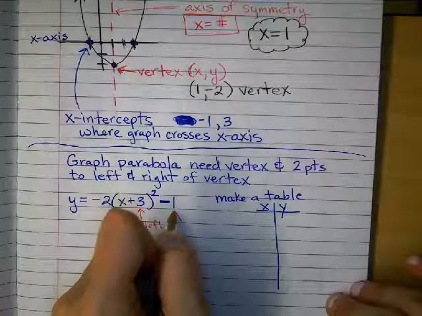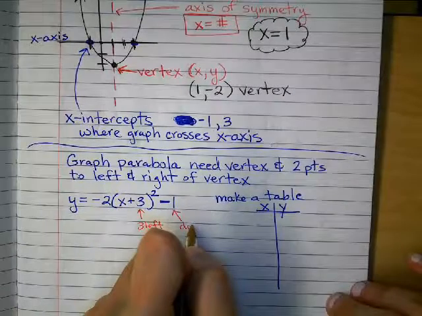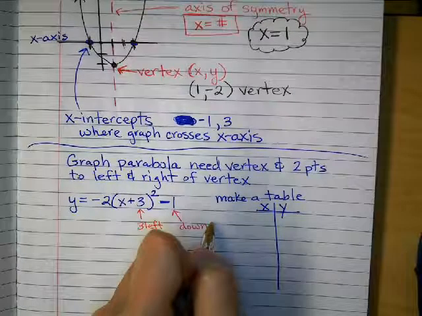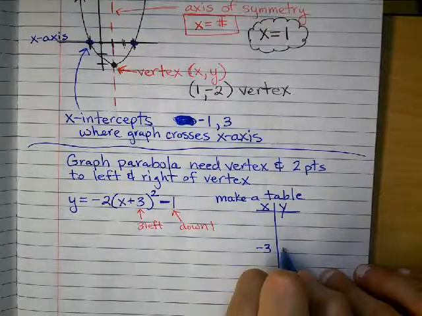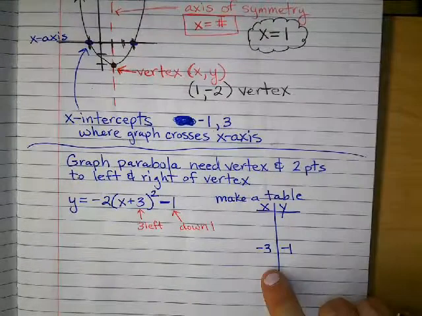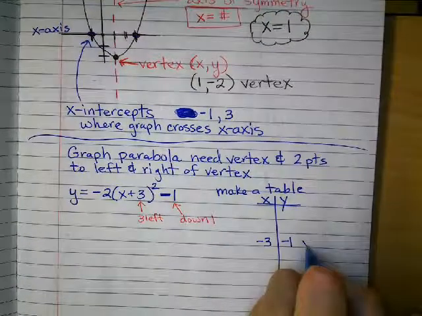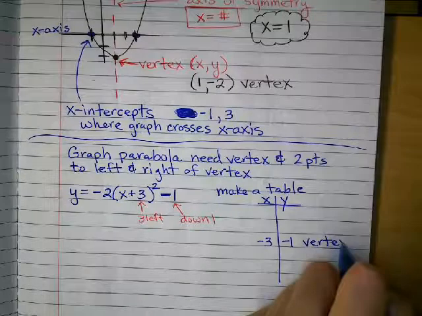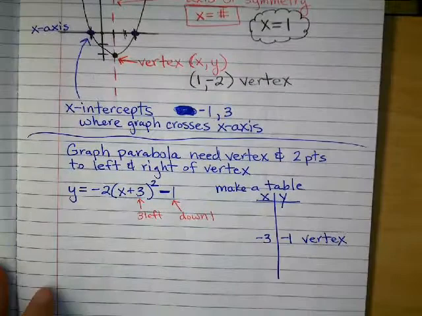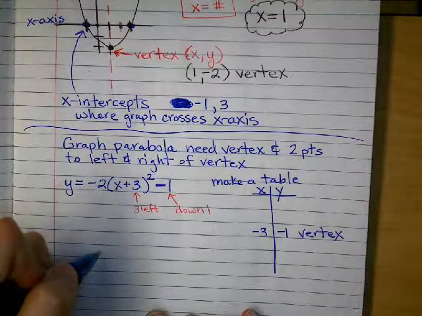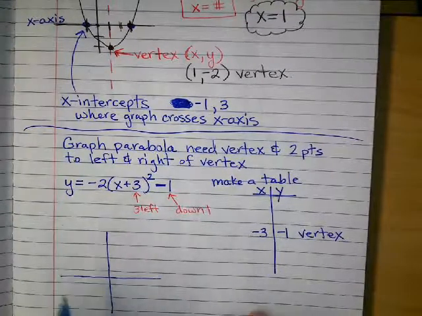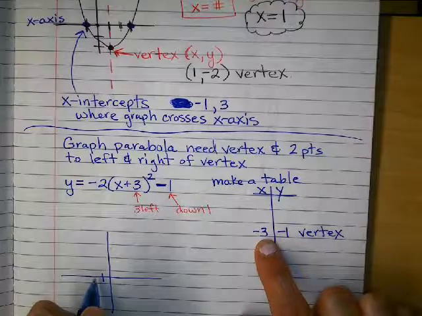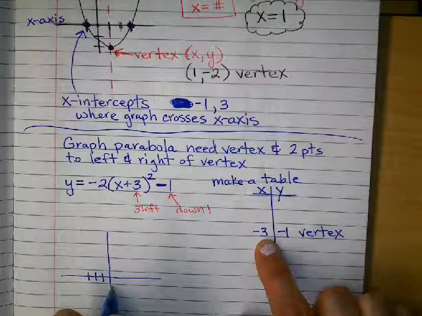Yep. Okay, so like down one. That would be the vertex you have to graph. And I'll give you a pencil tool, and you'll have to make a dot. Negative 3, negative 1, graph.